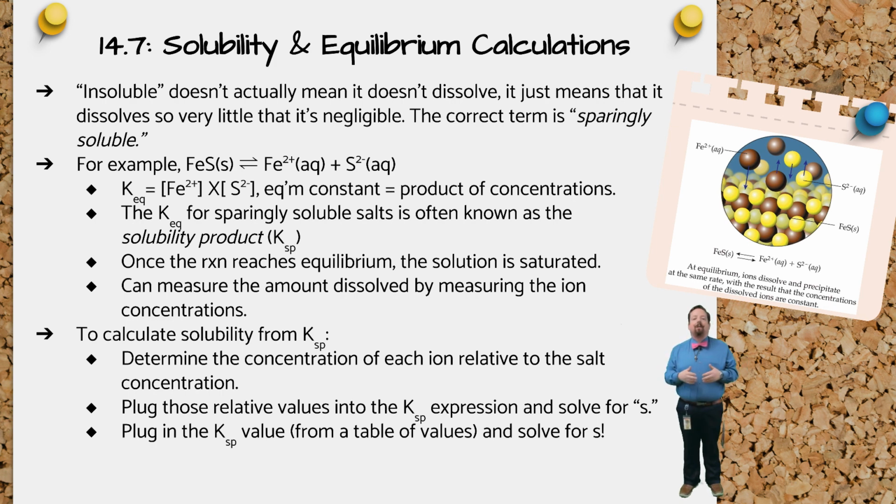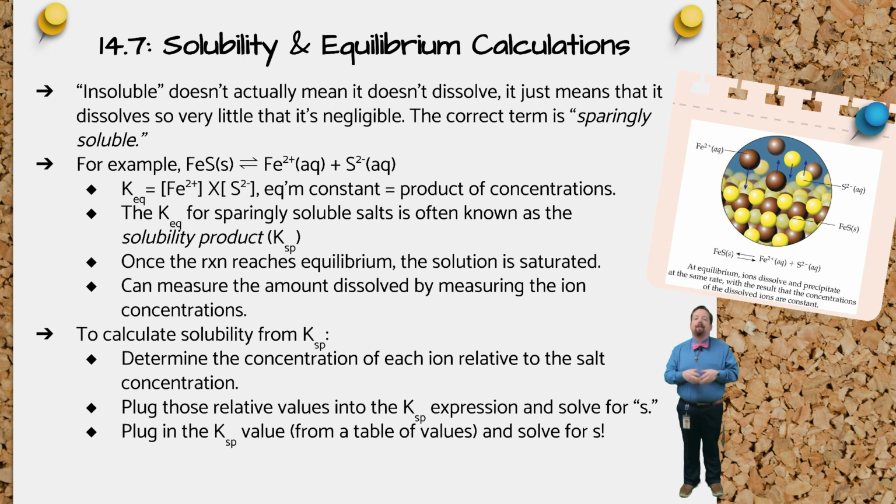Knowing this expression, if we know the value of KSP, we can do a little bit of clever math to determine the solubility of a substance. Since the KSP is an equilibrium constant, and a solution is considered saturated once it's reached that equilibrium, then the KSP can tell us just how much of our solid we can dissolve before we get saturated.